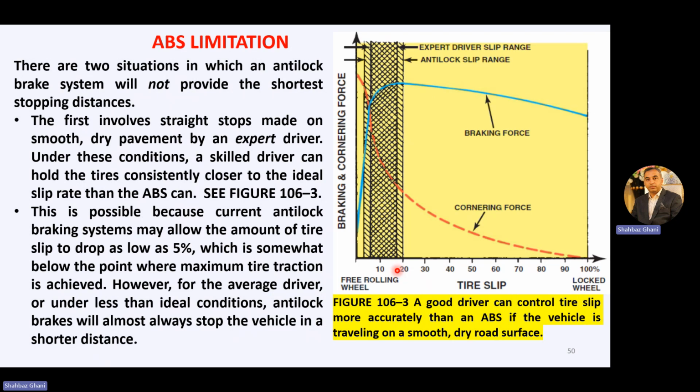Braking effort is increasing, cornering effort is decreasing. After a certain point, the braking effort diminishes, but the expert driver will control the vehicle in the shortest possible range compared to the anti-lock slip range. This is one of the limitations.